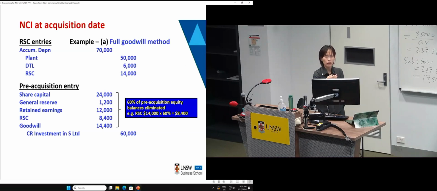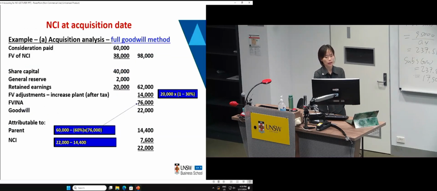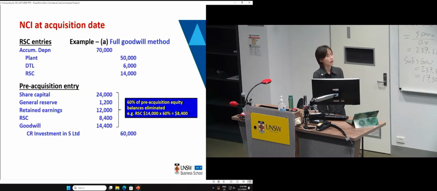So you only need to eliminate the parent's portion in the pre-acquisition entry. In addition, we recognize the goodwill acquired by the parent. According to our acquisition analysis, the goodwill attributable to the parent is 14,400, which is recognized here in the pre-acquisition entries.